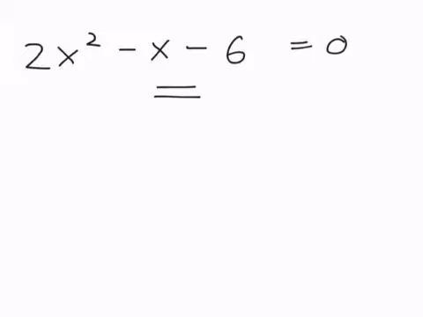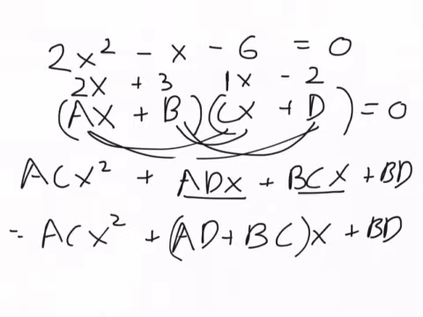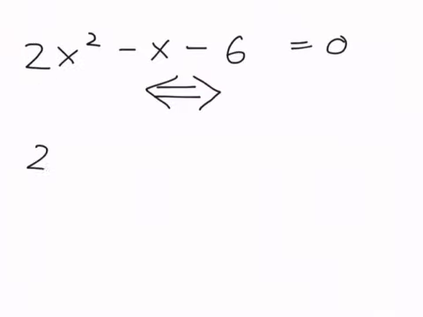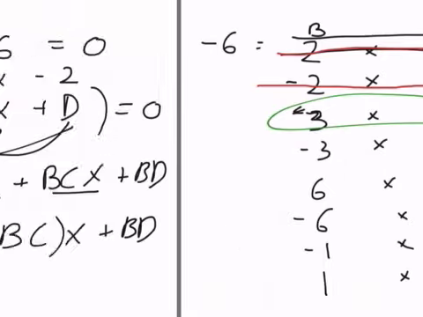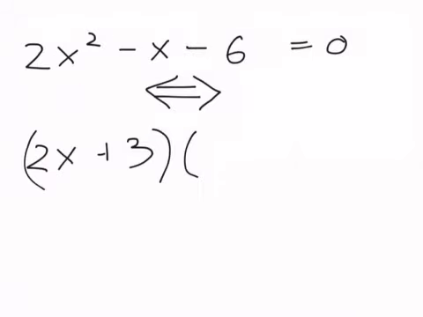We have found out that 2x squared minus x minus 6 equals 0 is exactly equivalent to saying 2x plus 3 times x minus 2 equals 0, because what's in the brackets at the bottom equals the top equation.